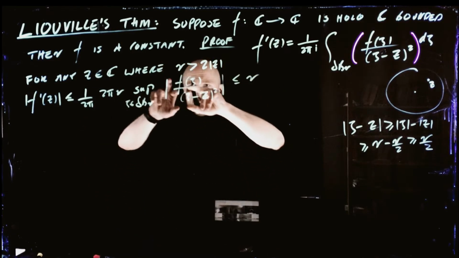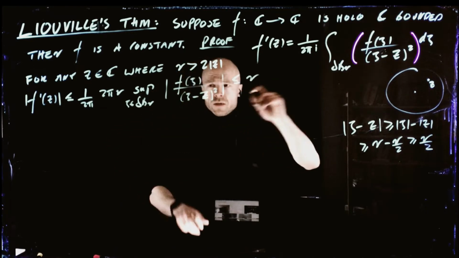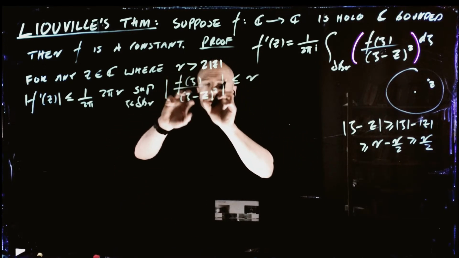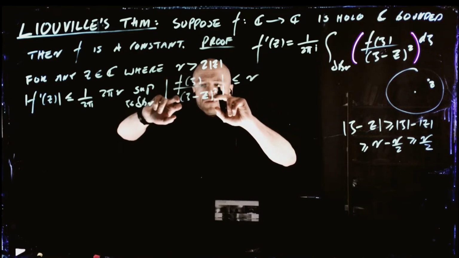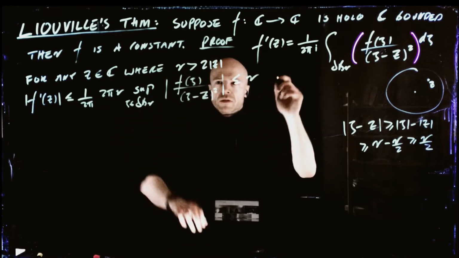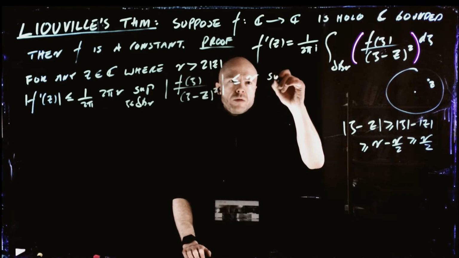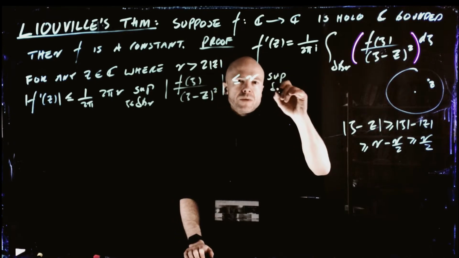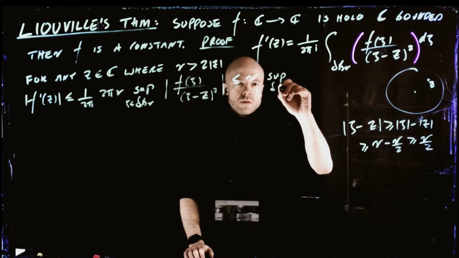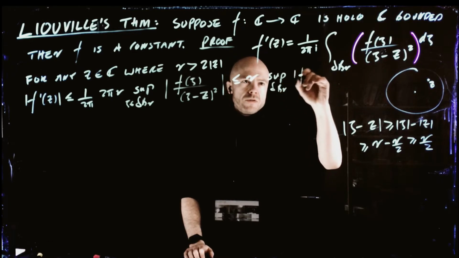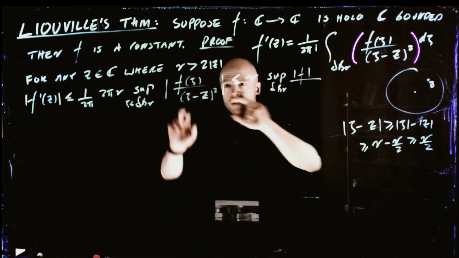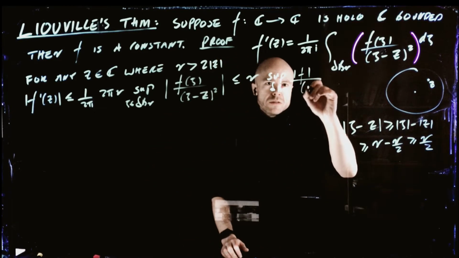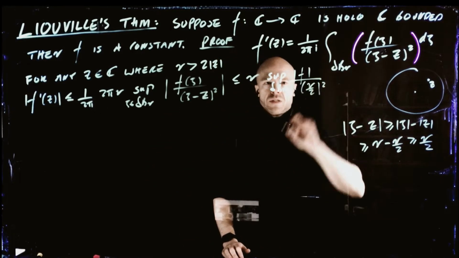And the supremum of this is less than the supremum around the boundary of the ball of the absolute value of f divided by the smallest thing the denominator can possibly be squared, so it's over r over 2 squared.